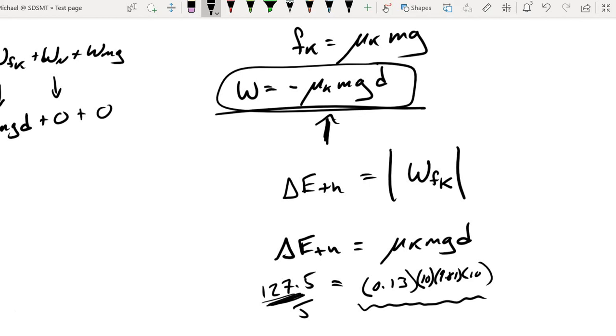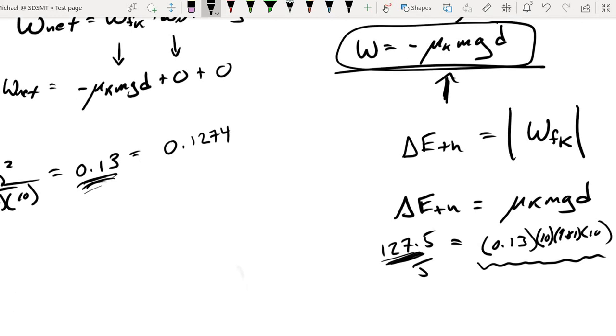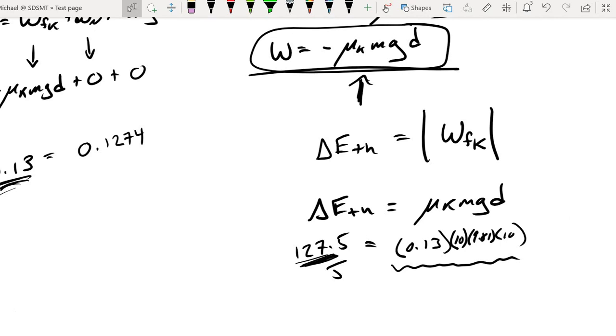Looking back at my calculator, the coefficient was actually 0.1274, and I rounded that up. So let me real quick see what happens if I take that, the 0.1274, and there we go.